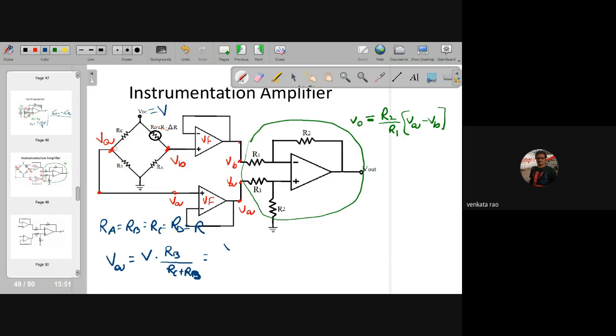Now it is V into R by 2R, because RA equal to RB equal to RC equal to RD equal to R. So it is simply V by 2.